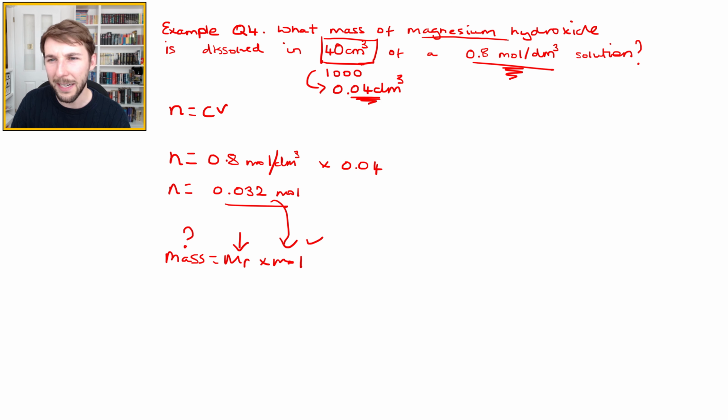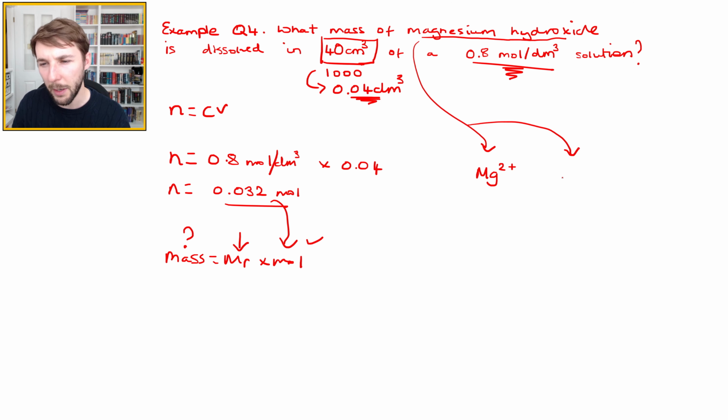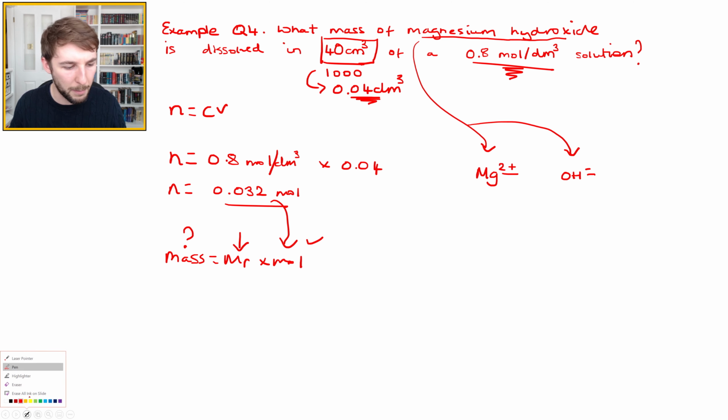Well, I have a name, it's magnesium hydroxide, and I need to work out its formula in order to work out its Mr. Well, magnesium is in group 2, and it's a metal, so it loses electrons, it loses 2 electrons, so magnesium is a 2+ ion. Hydroxide, however, is a compound ion that you need to remember, so it's OH with a single negative charge. Got the numbers here 2+ and 1-, so therefore I'm going to need 2 hydroxides for every 1 magnesium.